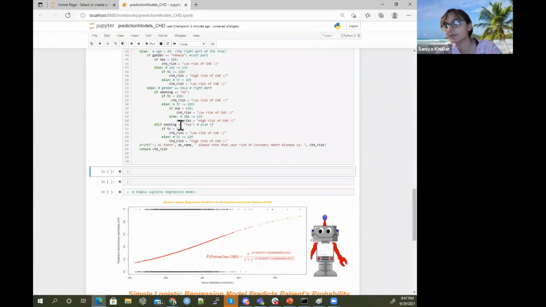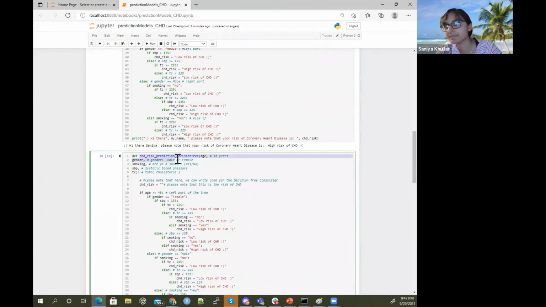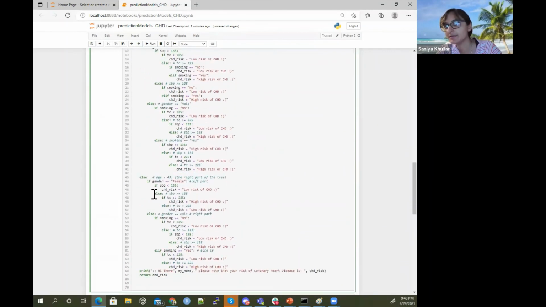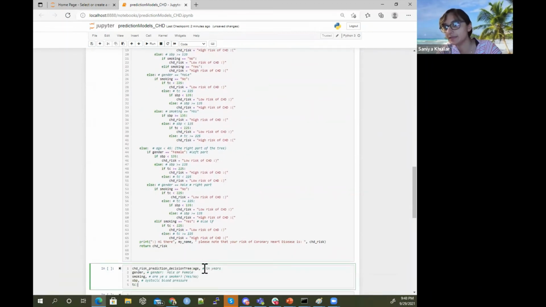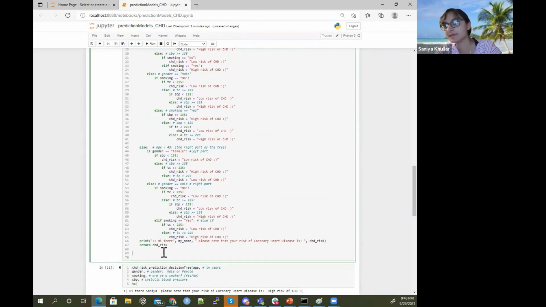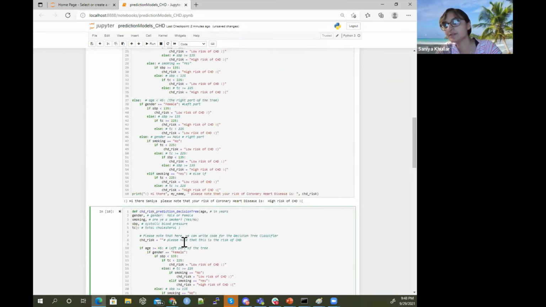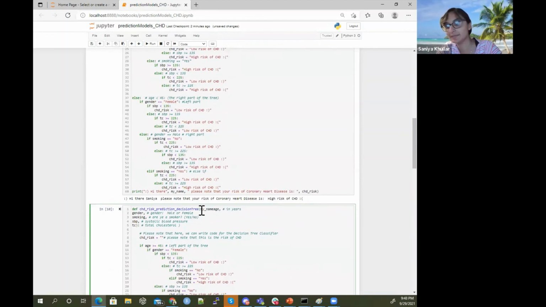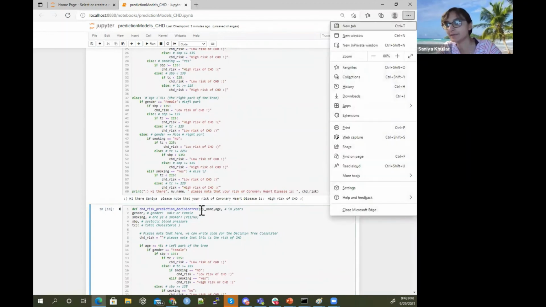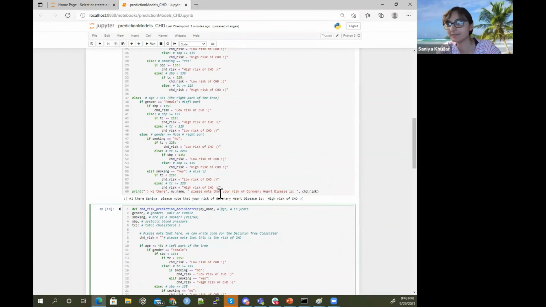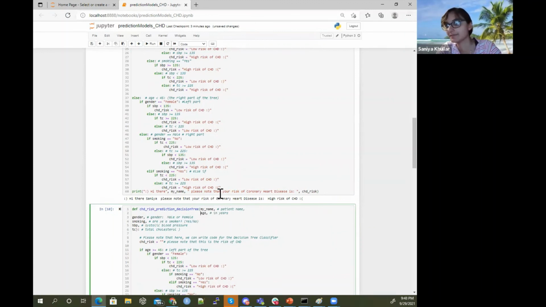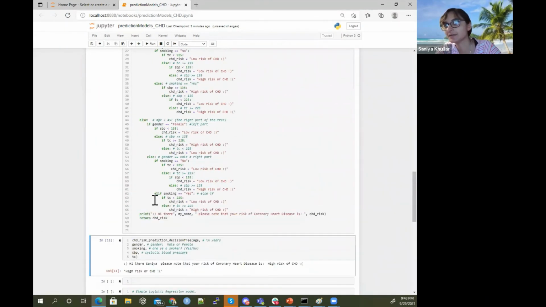So let's just see. Okay, so we can just call this right now for anything that we have. And then, oh, we also need one variable, which is also called my name, the patient name. Oh, okay, so we also need the patient name as well, and hopefully this should work.